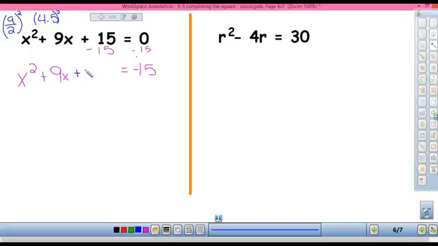Make sure that you are punching this into your calculator as well. So plus 20.25 in our blank, and plus 20.25 on the other side. You've got to add that to both sides of your equal sign.